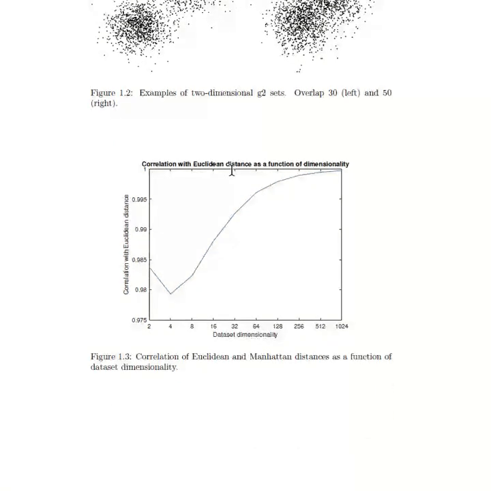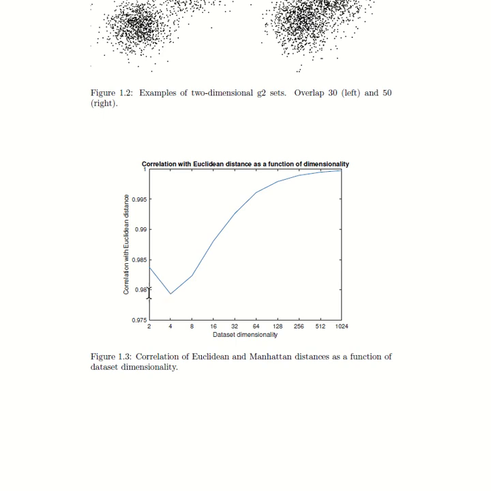And here is the correlation with Euclidean distance as a function of dimensionality. Correlation between Euclidean distance and Manhattan distance. We see that it's near 1, and dimensionality starts from 2 and increases to 1024.